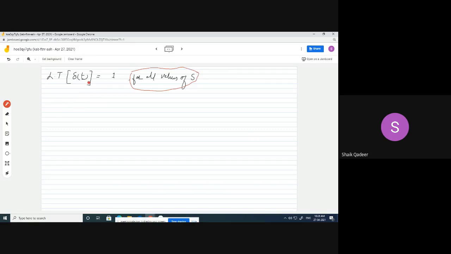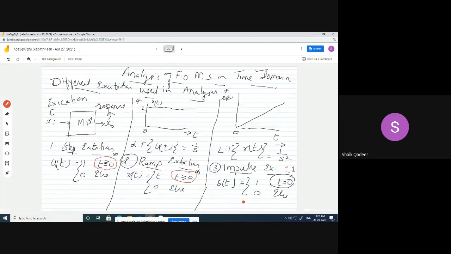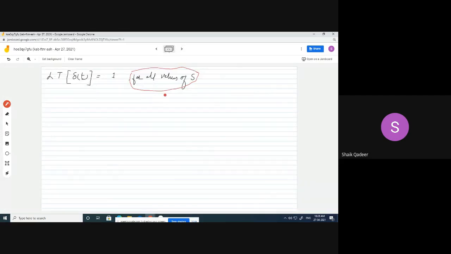You observe this. In time domain, impulse exists for only one instant of time, whereas in S domain, that is in Laplace domain, it exists for all values of S. Hope it is clear to everybody.